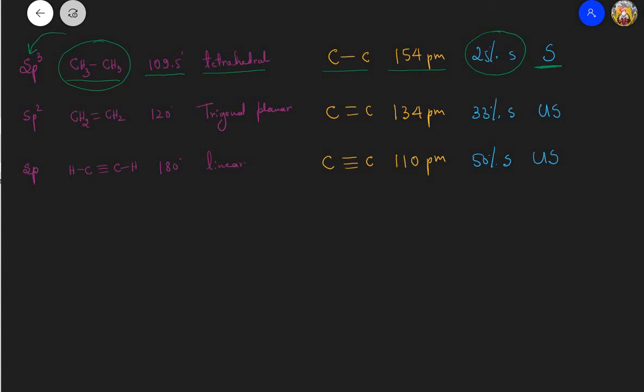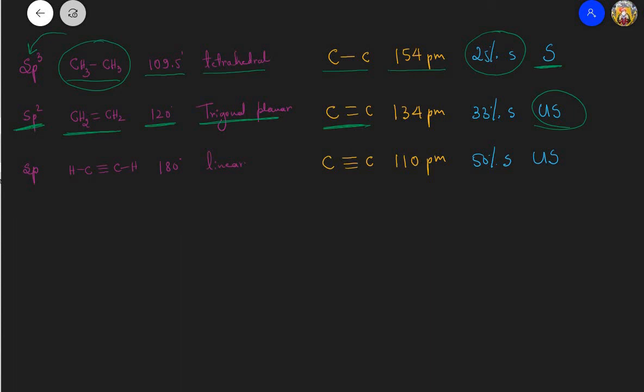Similarly, the second example is sp2. The example is ethene molecule. Ethene is an alkene. These are unsaturated hydrocarbons. US means unsaturated hydrocarbon, and here the bond angle is 120 degrees. The shape of the molecule is trigonal planar, and the bond is a double bond.